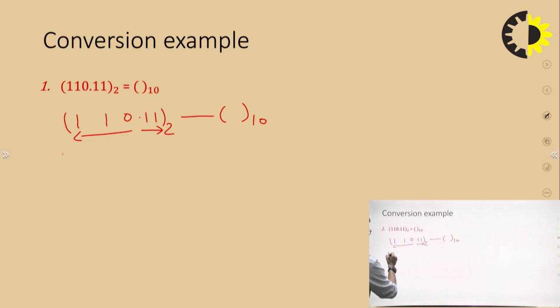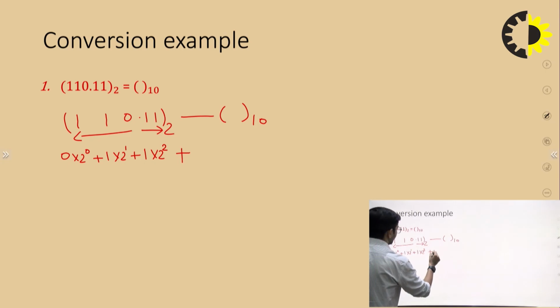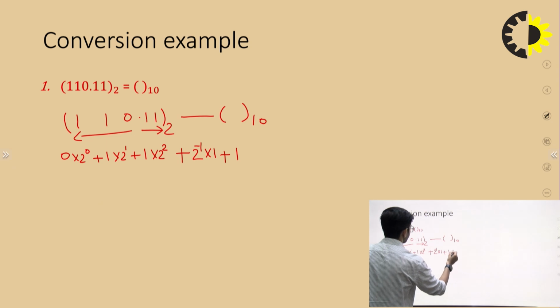So 0 into 2 to the power of 0, plus, moving from right to left before the fractional part, 1 into 2 to the power of 1, plus 1 into 2 to the power of 2, plus, for the fractional part, we take the negative powers of the base. So 1 into 2 to the power of minus 1 plus 1 into 2 to the power of minus 2.